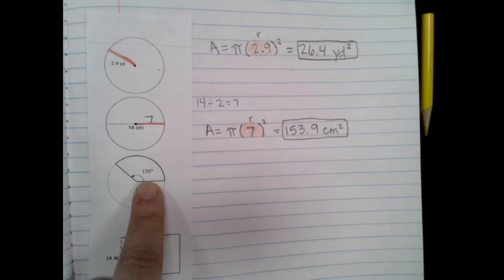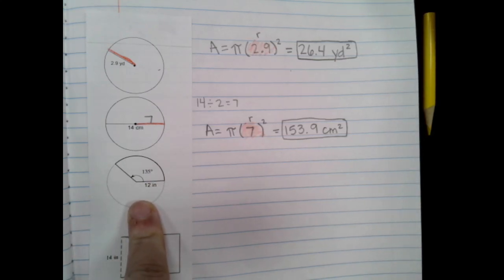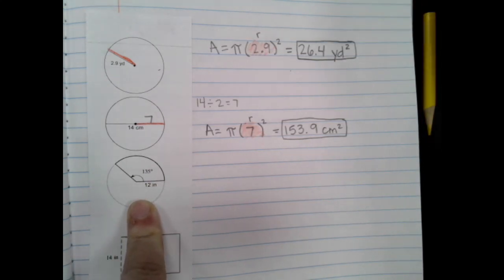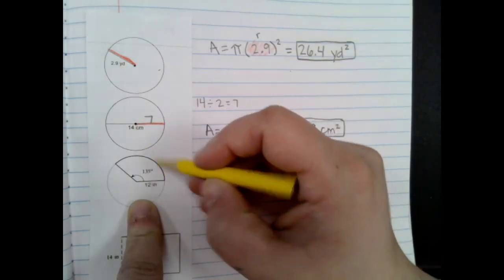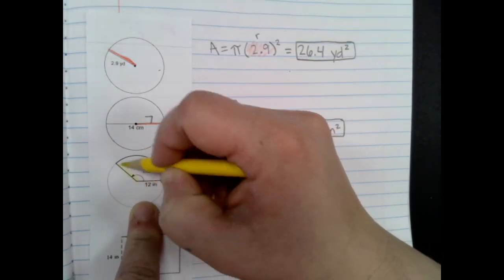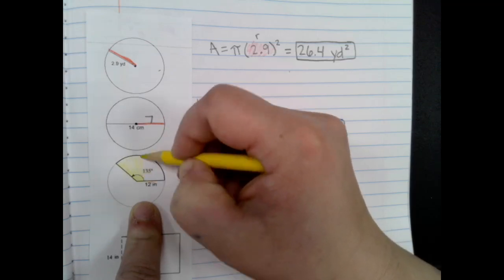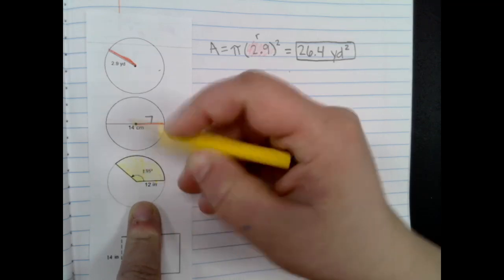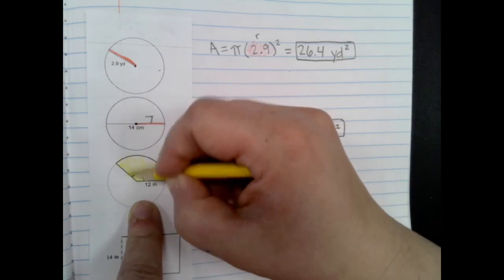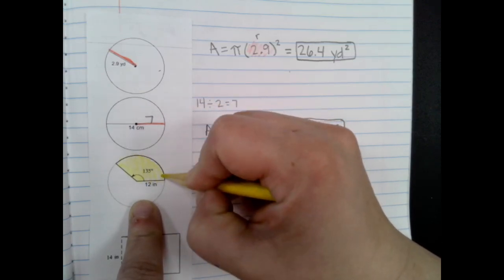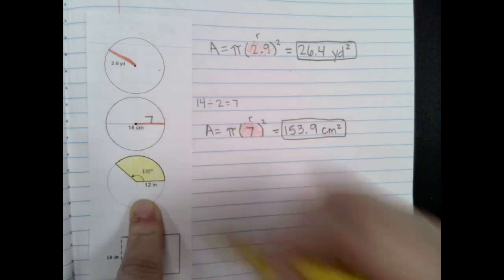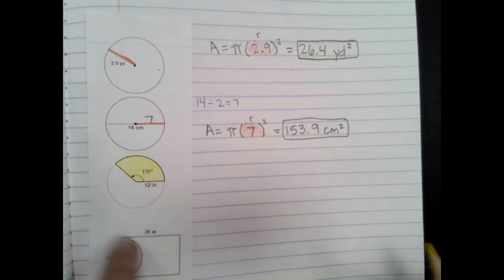Okay, this one, this time, this is not a full circle. This is going to be our circle sector. So if you want to shade in, we're finding that bolded area. You could also just lightly shade it in with your pencil, just make sure you can still see the numbers inside. But we're only finding this amount of the circle. We're not doing the whole circle area.